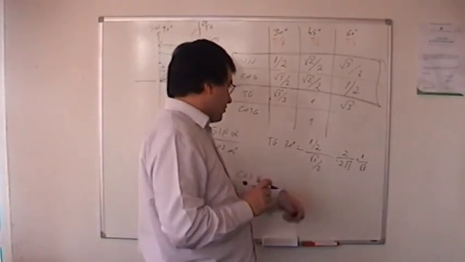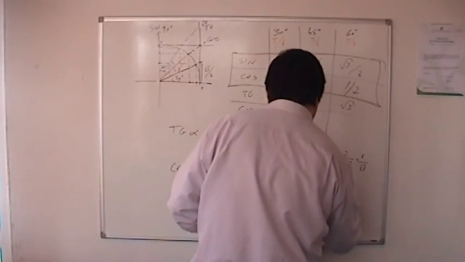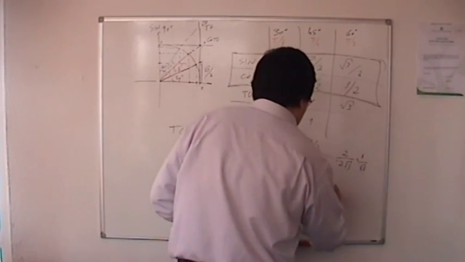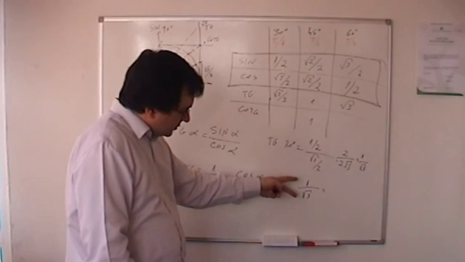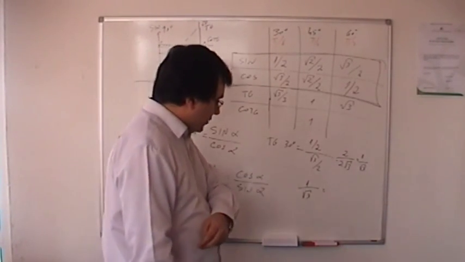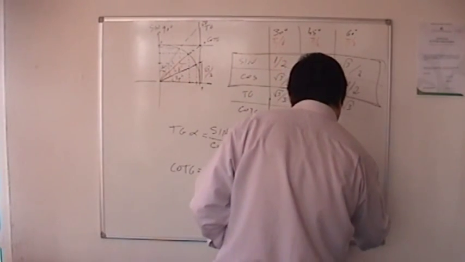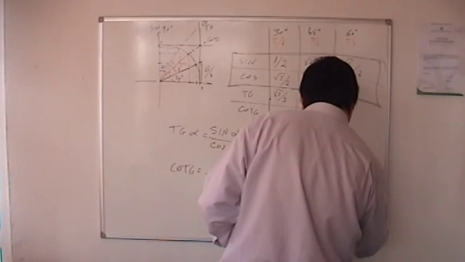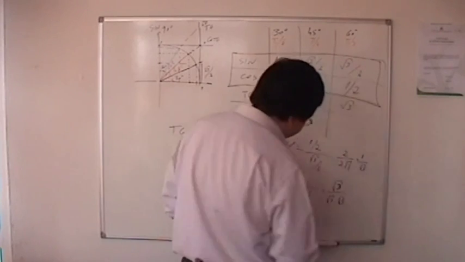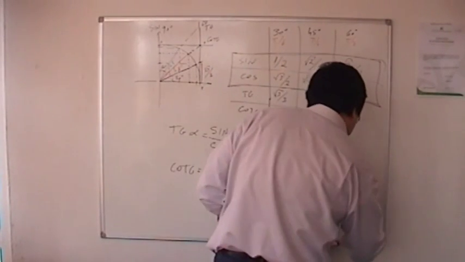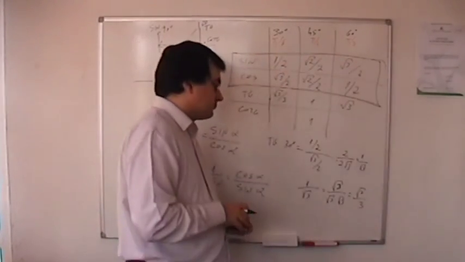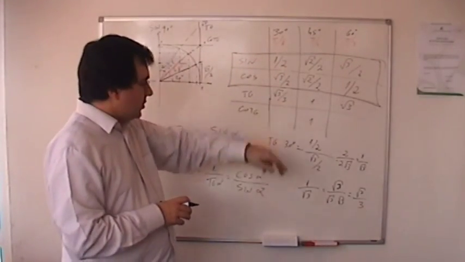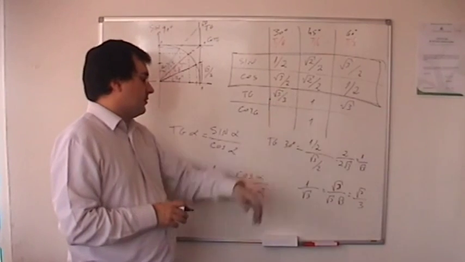Let's see. If you have 1 over square root of 3, and you multiply both parts of the fraction by square root of 3, you will have square root of 3 over square root of 3 times square root of 3, and this is square root of 3 over 3. So you can get this value here as well.